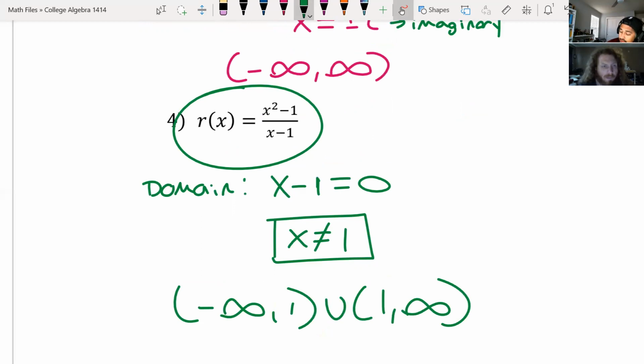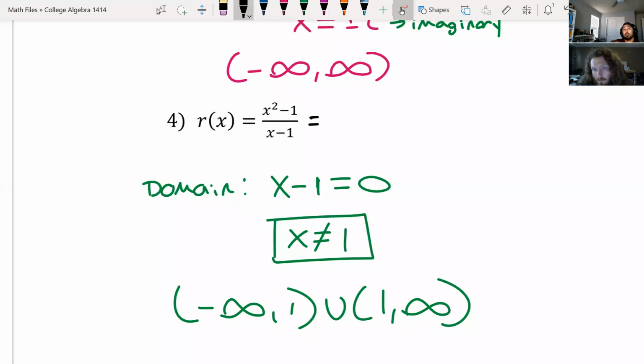Can you simplify this function? I'm talking about simplifying.